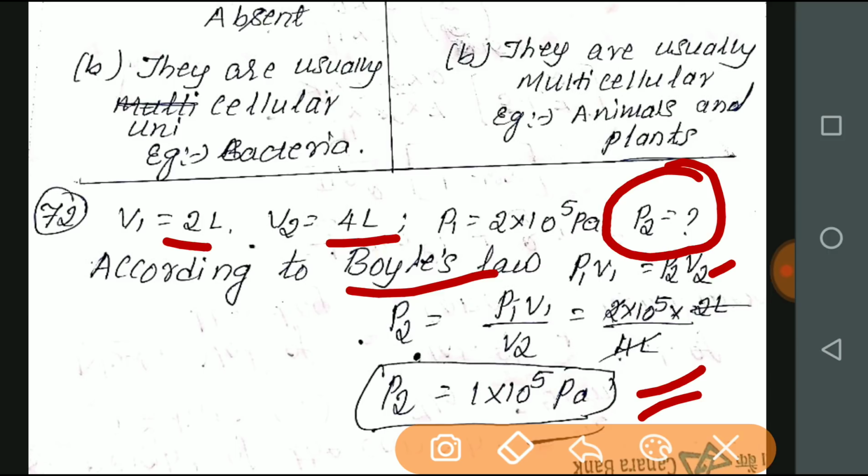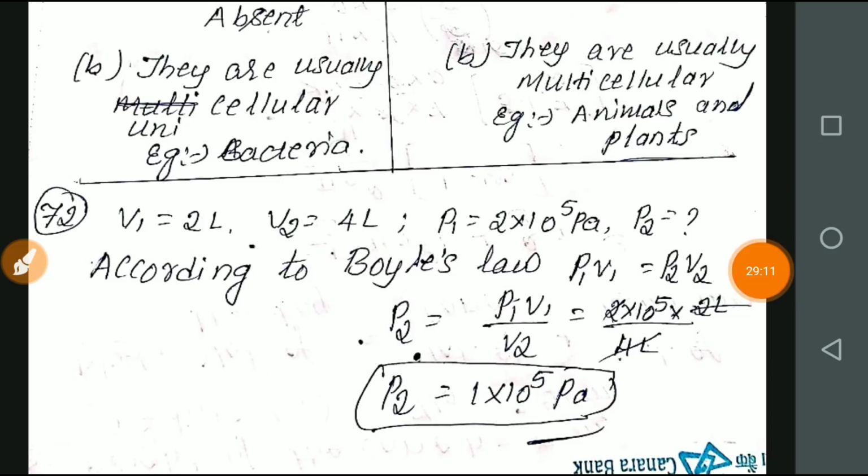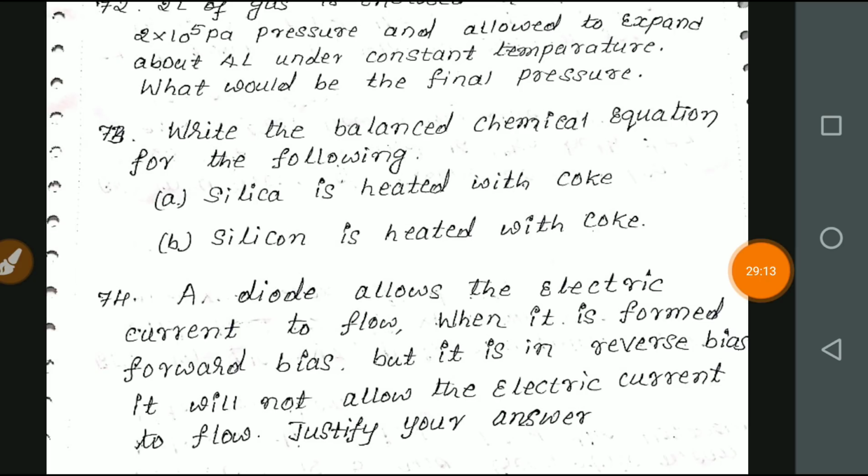Next question. Write the balanced chemical equation for the following. First one, silica is heated with coke. Second, steam is passed through silicon.